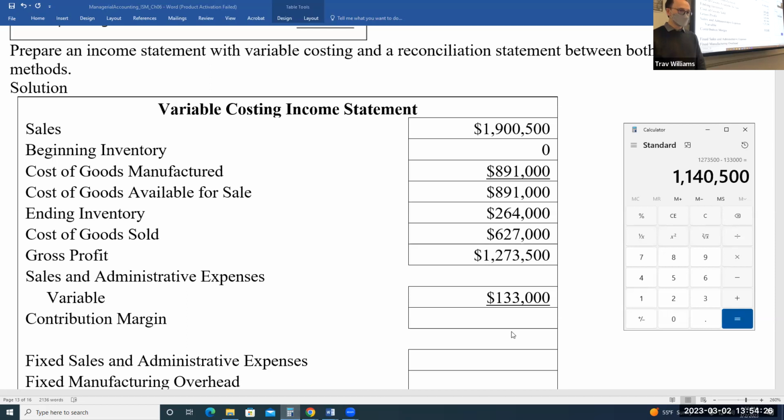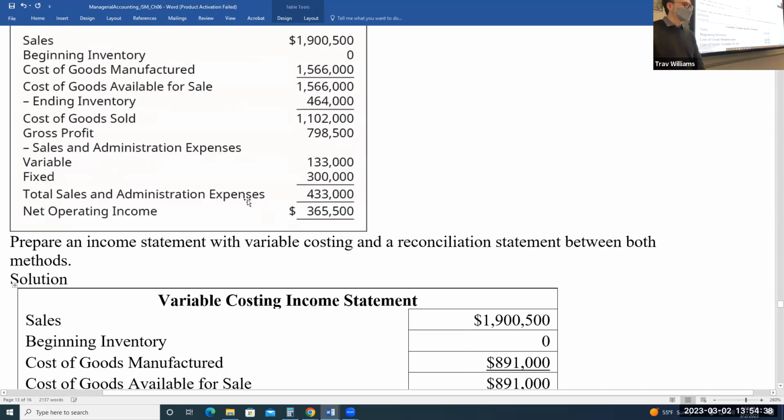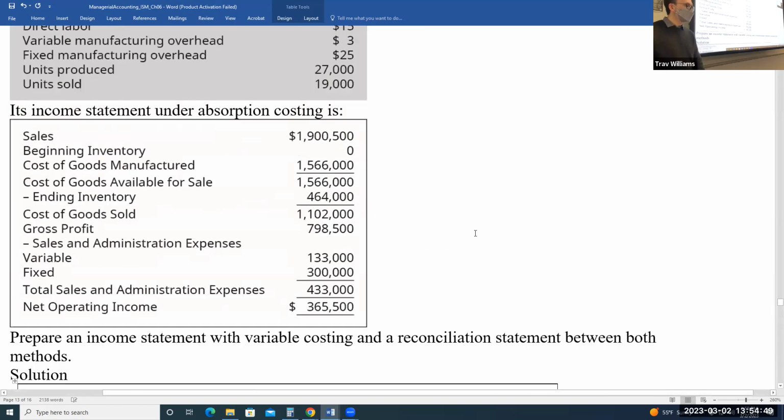And now we have our contribution margin, 1,140,500. Then we could take out all the fixed costs. So we have fixed sales and administrative is 300,000. And fixed manufacturing, oh, they didn't give us that because remember they absorbed it into here.